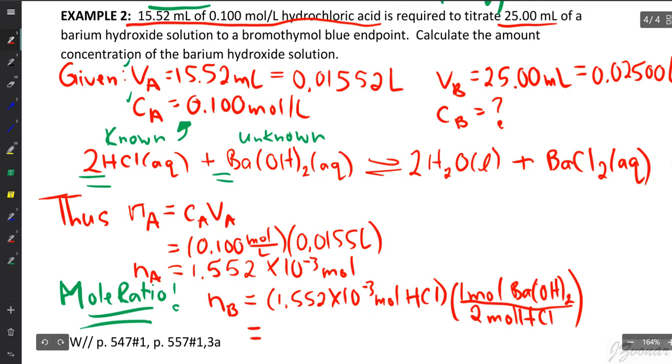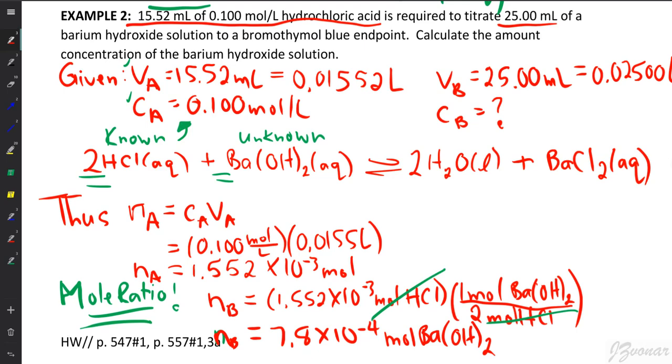And we're going to divide. Notice my moles of HCl cancel with moles of HCl. So we divide this to get our moles of base, and that is going to equal 7.8 times 10 to the negative 4 moles of barium hydroxide, which is my base.